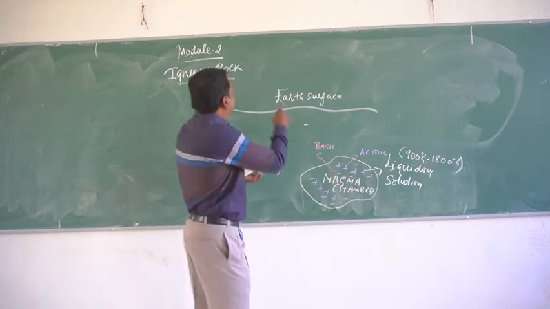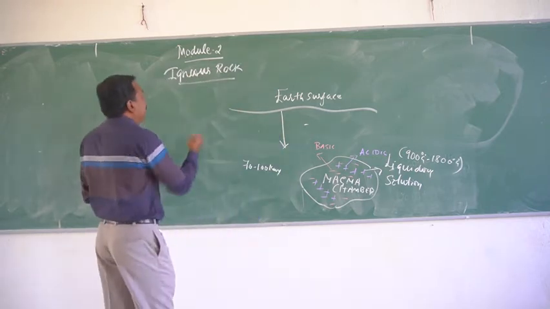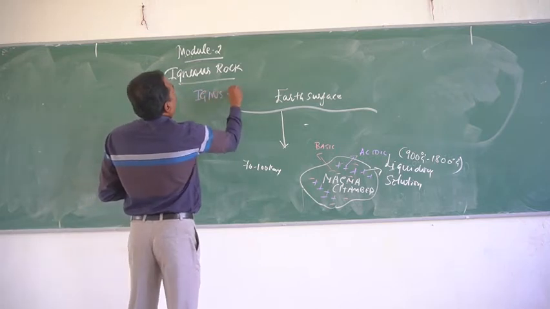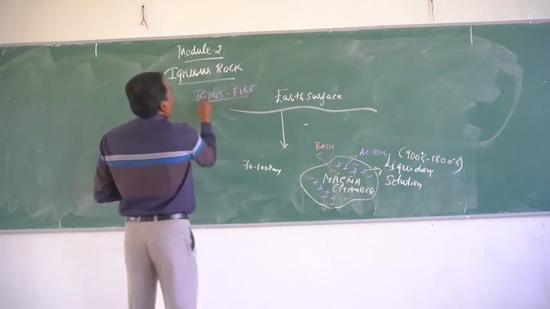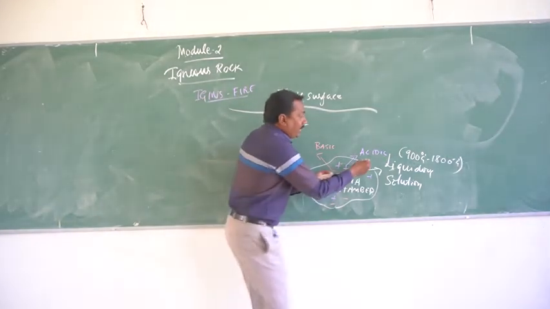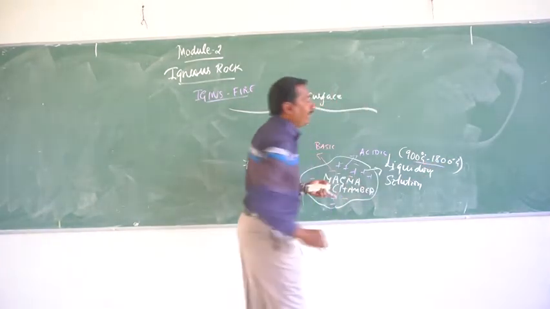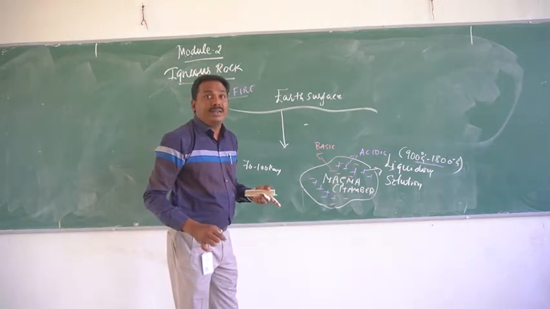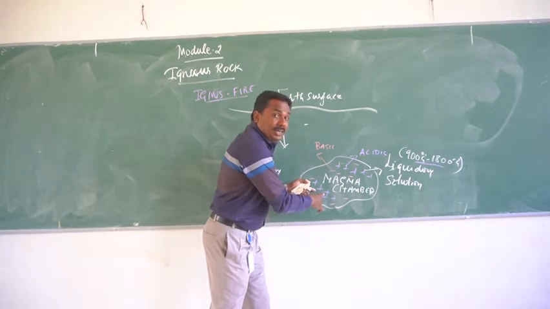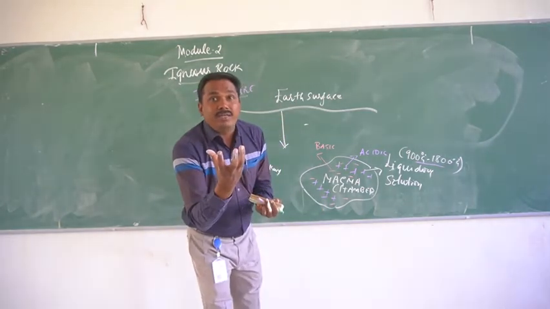That's why igneous means fire. Why is it called fire? Because the temperature is 900 degrees Celsius to 1800 degrees Celsius. So that solution made up of acidic and basic will be in boiling condition.